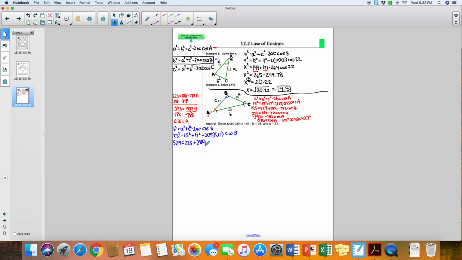Then we would do 2 times 15, which is 30, and then 30 times 17, which is 510. So that would be minus 510 cosine of B.